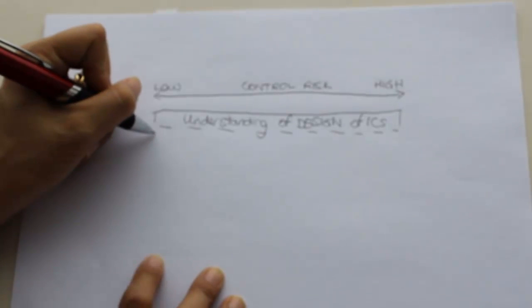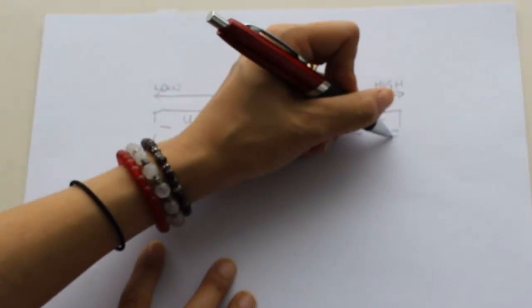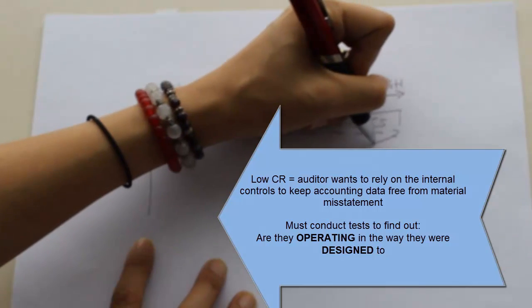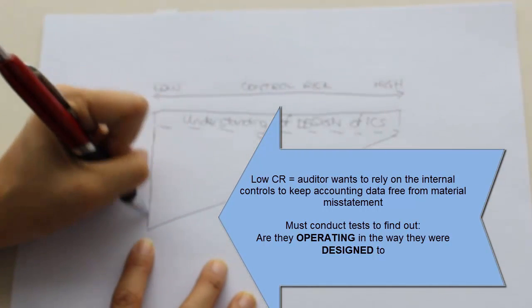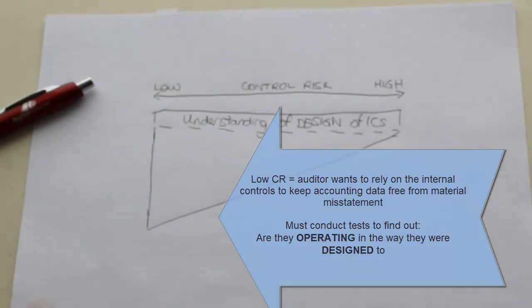Now, when we have low control risk, we're going to rely on those internal controls, and we're going to test those internal controls to make sure that they're operating as they were designed.